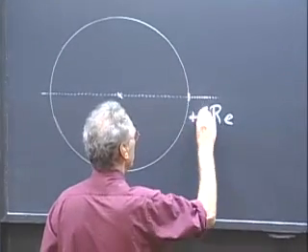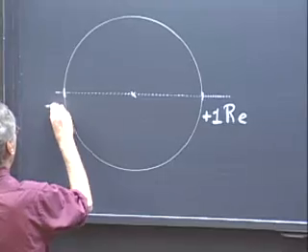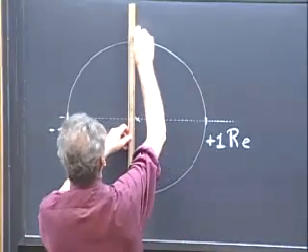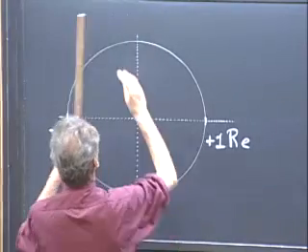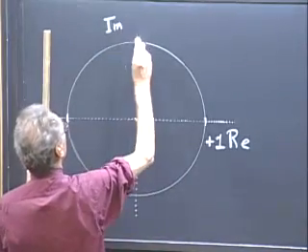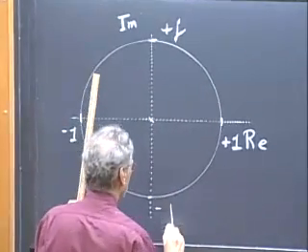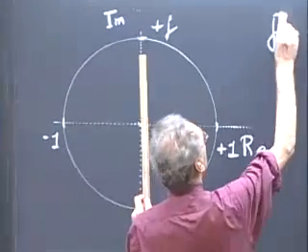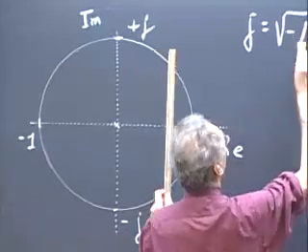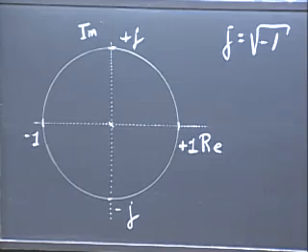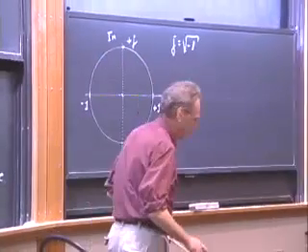And let this be +1, let this be -1, and I call this axis the imaginary axis. So this one is plus j, and this one is minus j, and j is the square root of -1. We don't call it i in general because i stands for current, so we pick j.